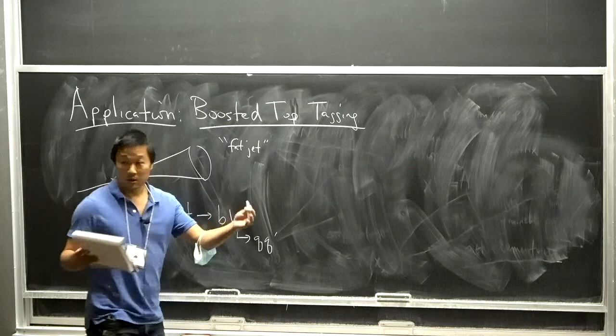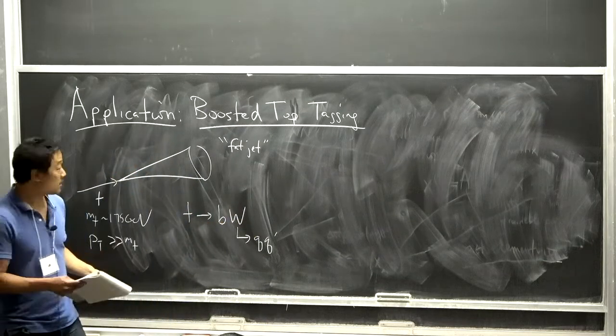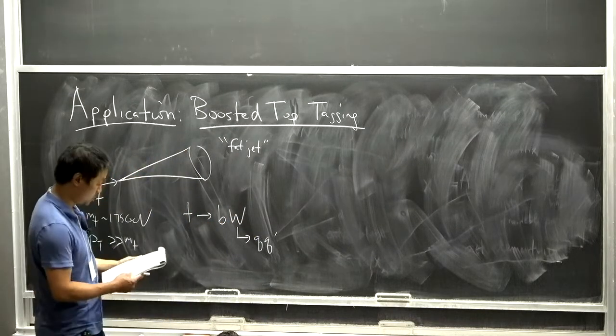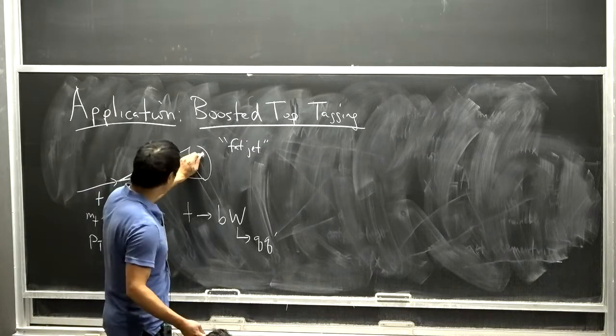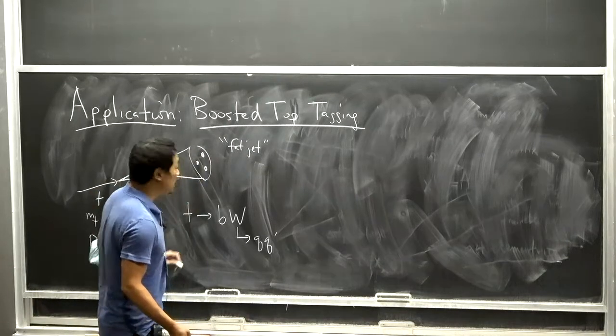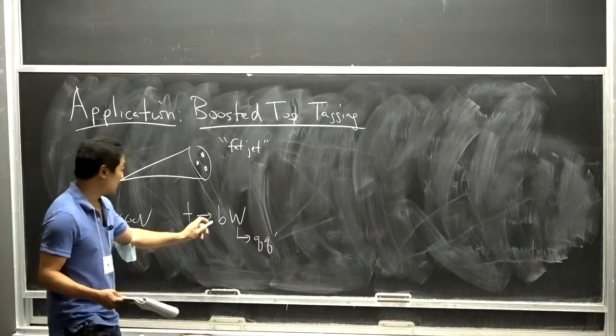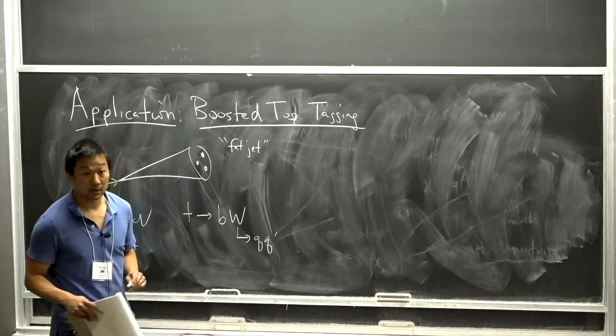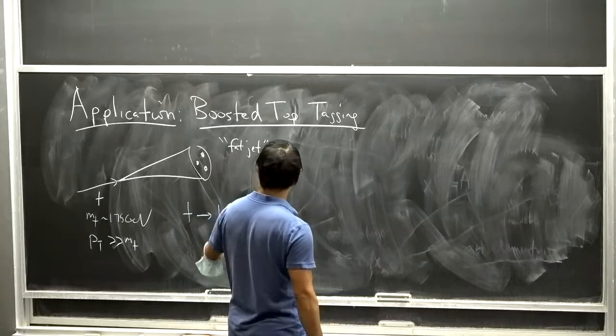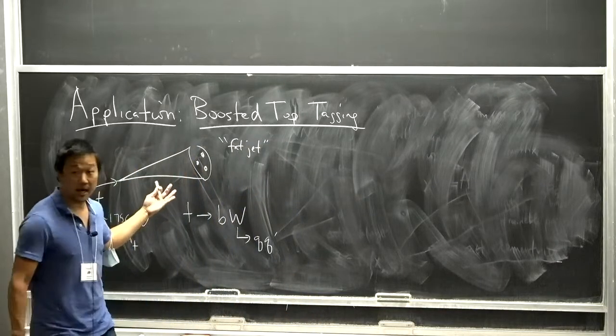So a larger than usual jet, a larger cone than usual. And inside that fat jet will typically be 3 clusters of energy, representing the B and these 2 quarks. And this is interesting to be able to pick out of the data.